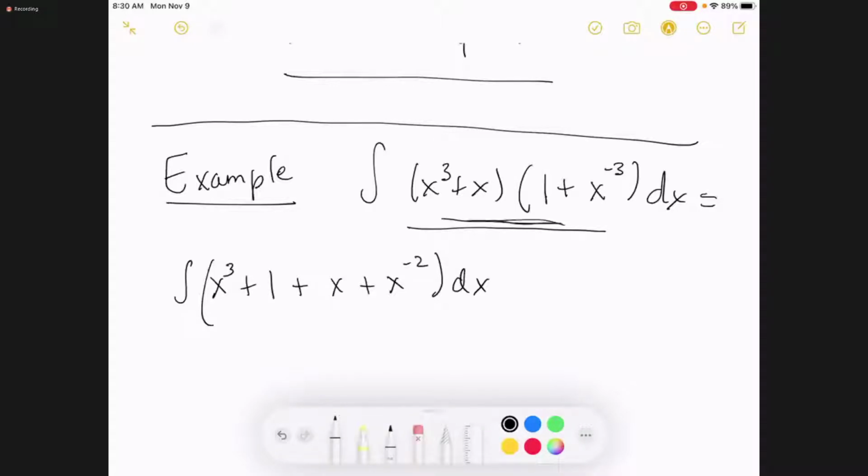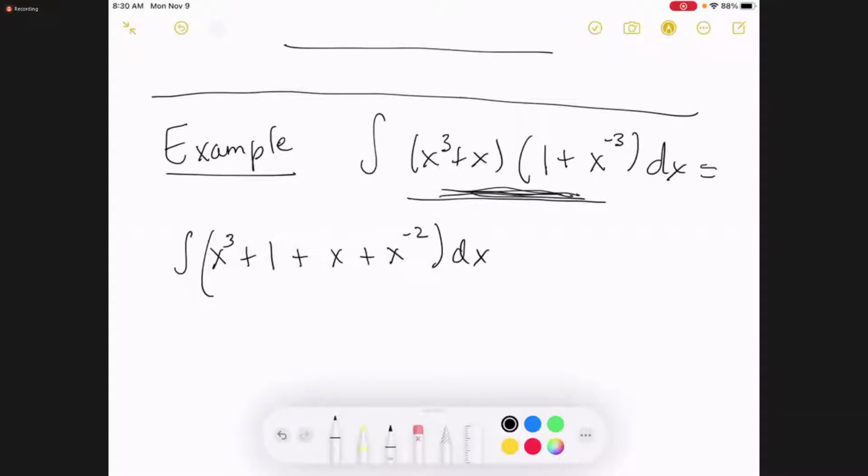There'll never be a rule that tells you how to handle the integral of a function times a function. Never, never, never, unfortunately. You've got to get around it somehow. In this case, you can. Now instead of having it written as a product, I have it written as a sum. And when it's written as a sum, I can divide it up into the sum of integrals.